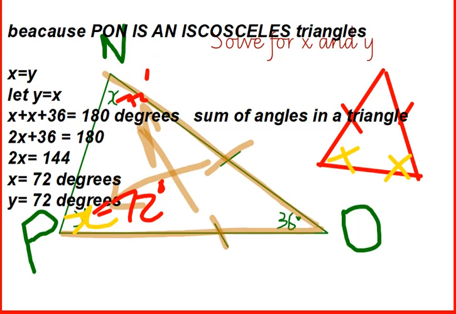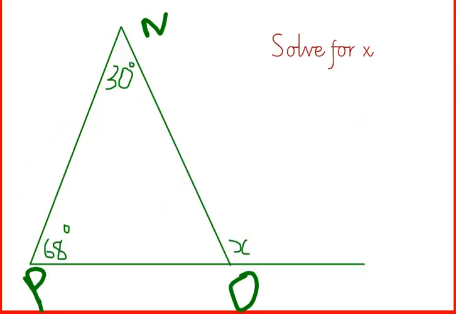We get 144, right? 144 plus 36, which is the other angle right there, we get 180, meaning that's correct because all angles in a triangle always add up to 180. So we have solved x and y correctly. Let's move on to the next slide.